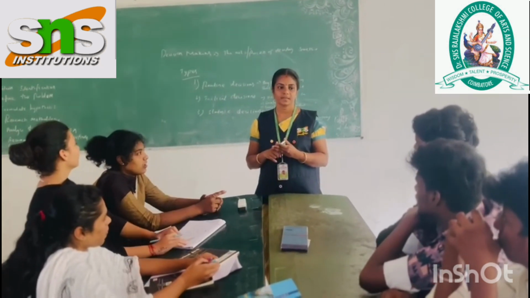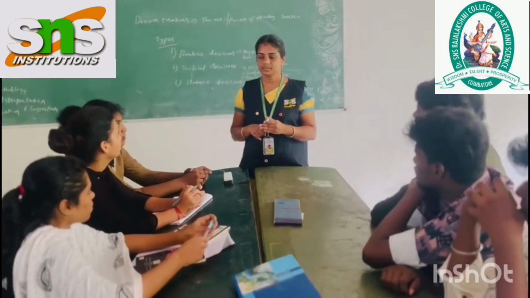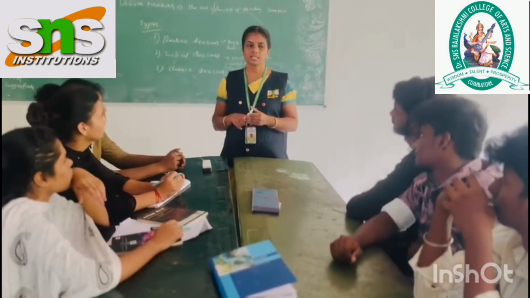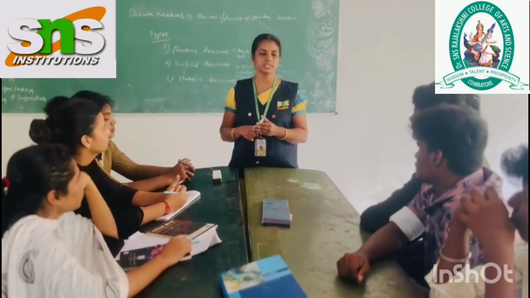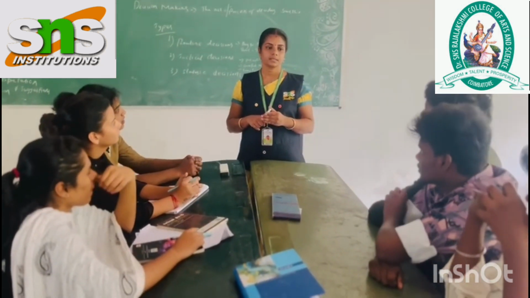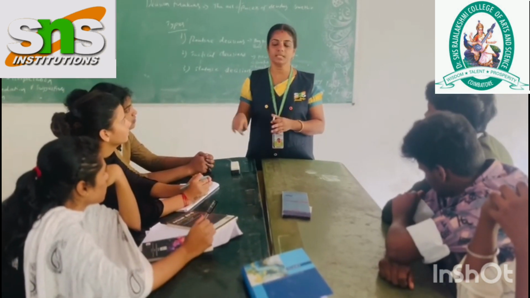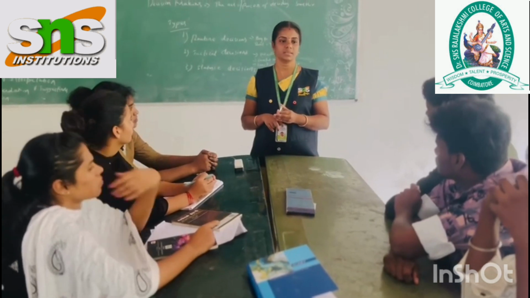Next, from the alternative solutions we select the best solution. Very good. Next, implementing the solution. Next, feedback. After implementing the best solution, we have to collect the feedback from the stakeholders. These are the steps involved in the decision making process.